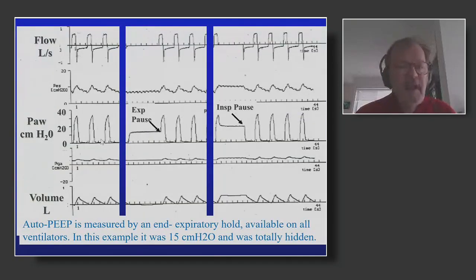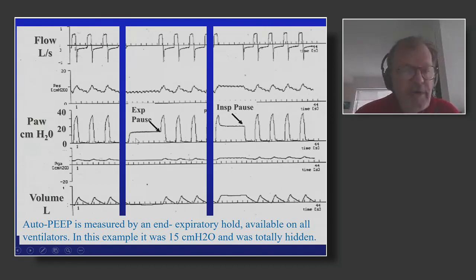This can be substantial, and look at this example on the left part. You have a patient where you have the tracing of flow. The second one is esophageal pressure. The third one is airway pressure. In this patient, we knew the patient has severe airway obstruction. We suspected that auto-PEEP could be present. Look at the airway pressure curve. You see no positive pressure.